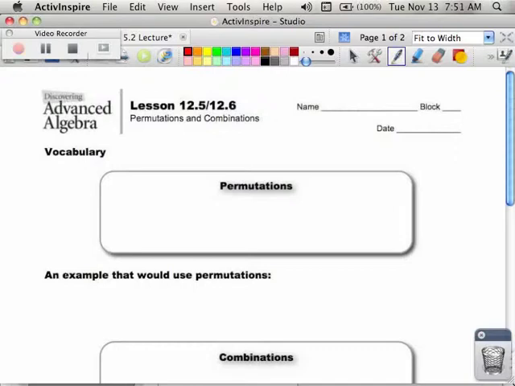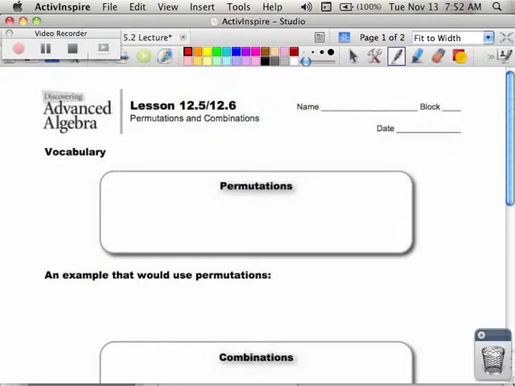So if your locker combination is 12, 36, 7, I could pick any of those three numbers in any order and it would open your locker. That's not true. What's true is you have to go in a certain order and in a certain direction. That's actually called a permutation, which means the arrangement of the numbers is important.